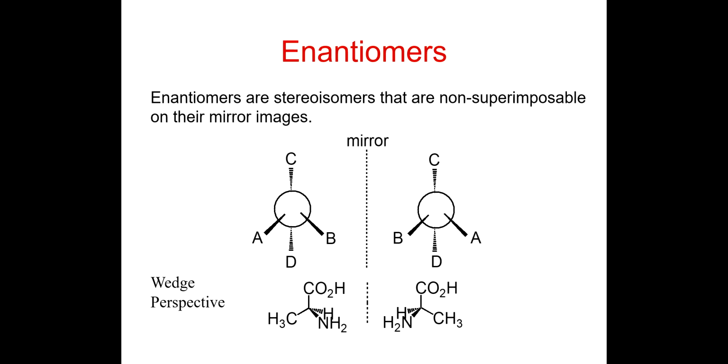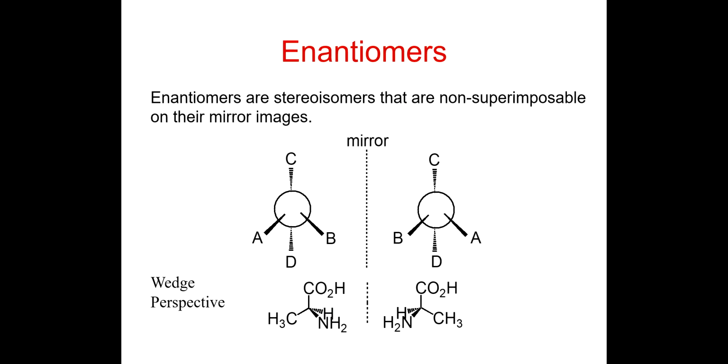And if we do so, we find that for the alanine on the left, its hydrogen is actually away from us, and the amino group is towards us. And for the one that is flipped, it's just the opposite: the amino group is away from us, whereas the hydrogen atom is toward us.